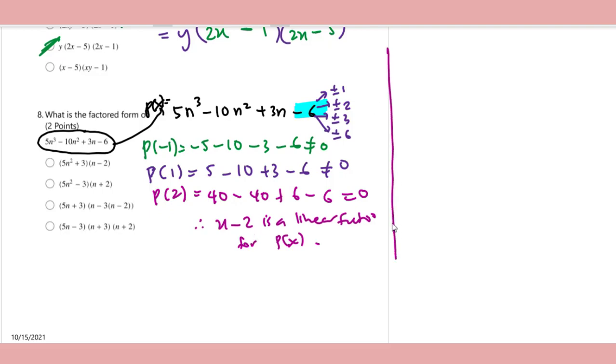And the next step: this is P(n), right? 5n cubed minus 10n squared plus 3n minus 6. One of the linear factors is n minus 2.